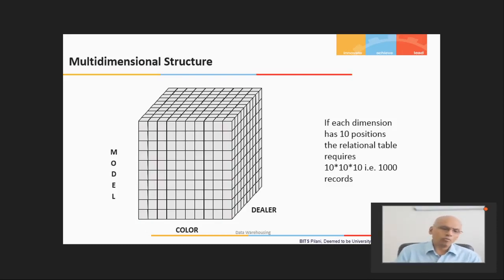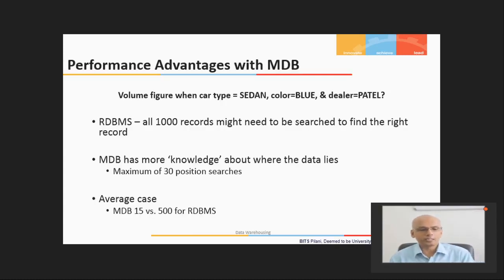So now, how do we carry out the analysis? We want to know the number of sedans that were sold which had a color of blue and were sold by a particular dealer. You may have realized by now that when there are 10 positional values along each dimension, the number of records in a table is going to be 10 multiplied by 10 multiplied by 10, so that is 1000.